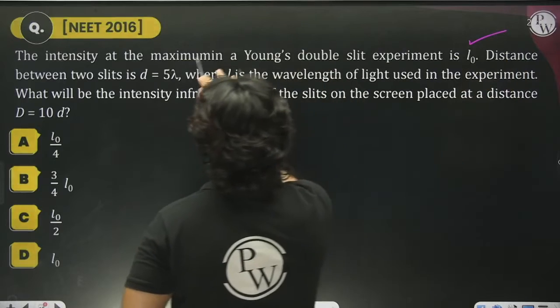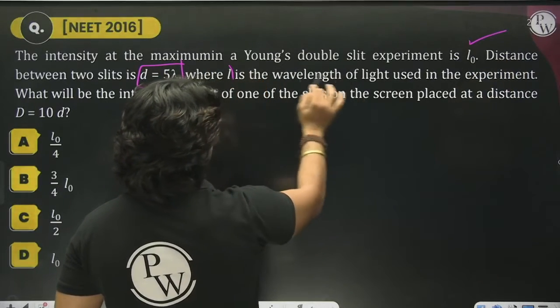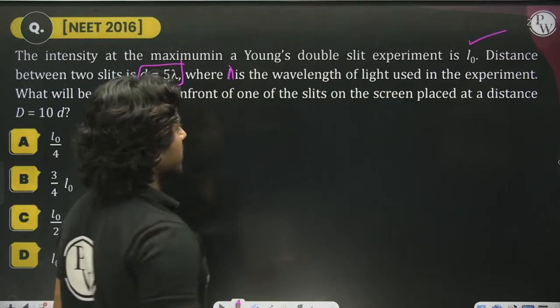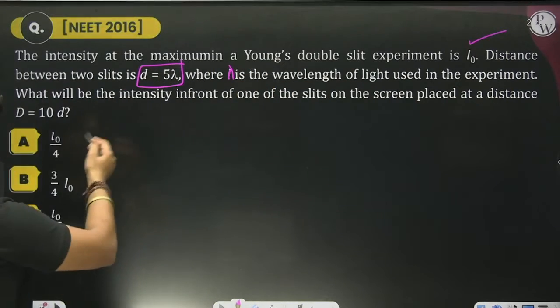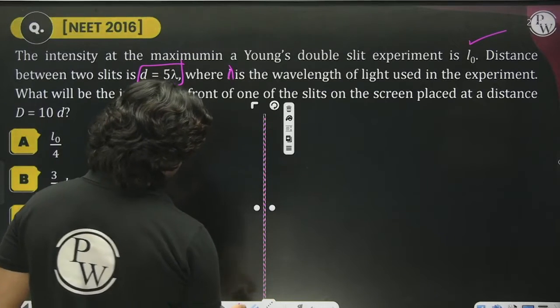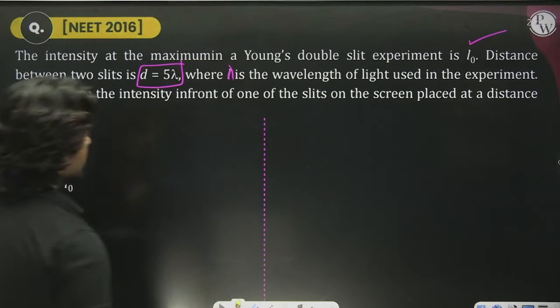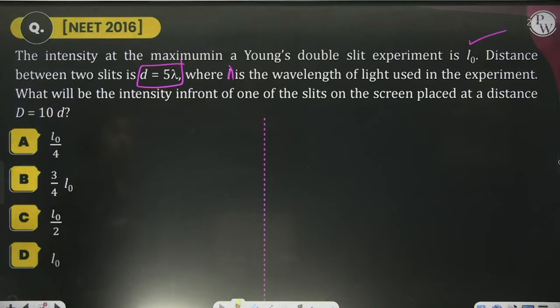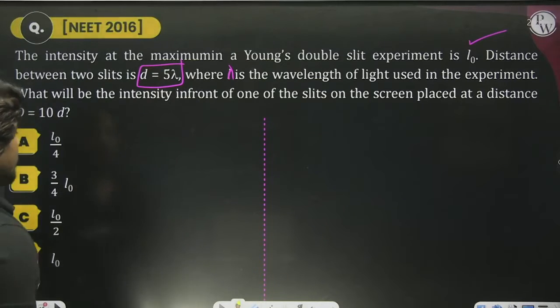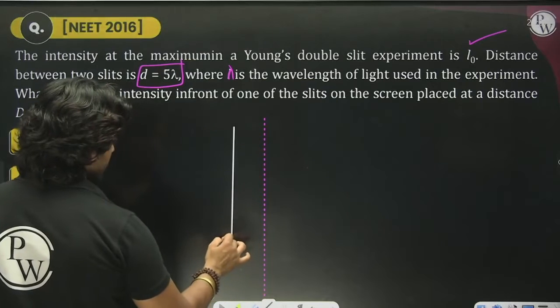The distance between the slits is 5 lambda, where lambda is the wavelength of the light used. What will be the intensity in front of one of the slits on the screen placed at a distance of 10d?